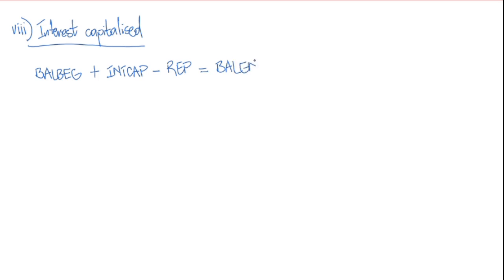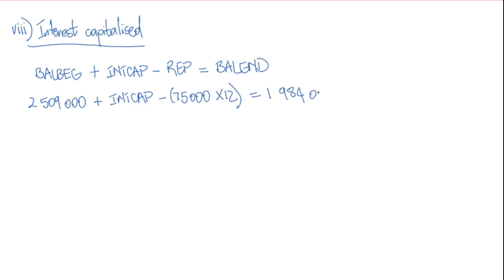The balance at the beginning of the year is 2,509,000 rands plus interest capitalized, which is what we are looking for, minus repayments. Repayments, we are told, are 75,000 per month, so 75,000 times 12, equals the balance at the end of the year, which is 1,984,000 rands.